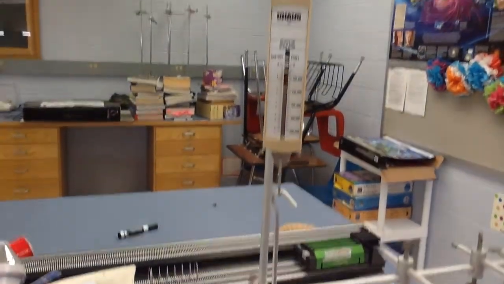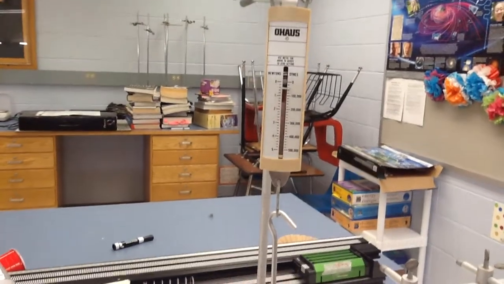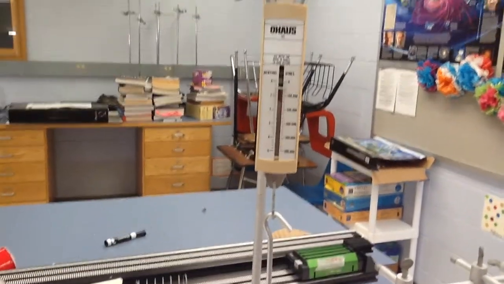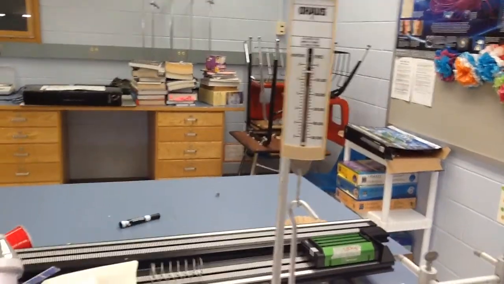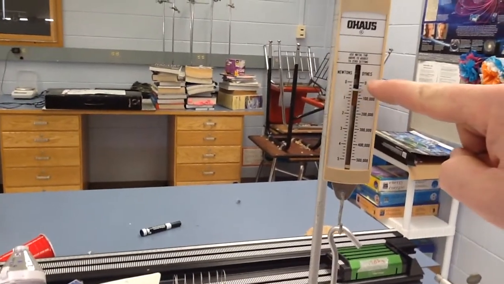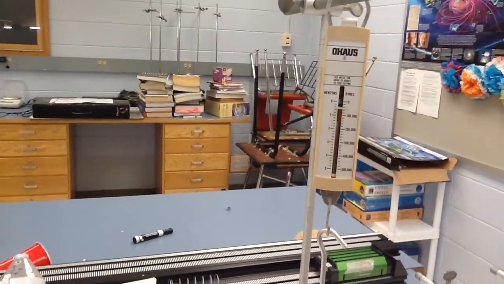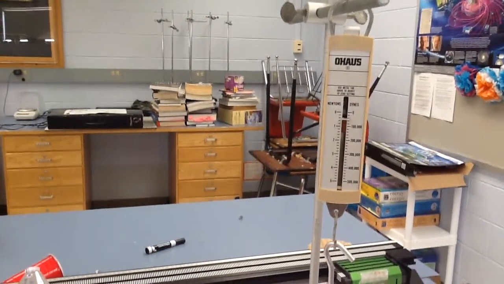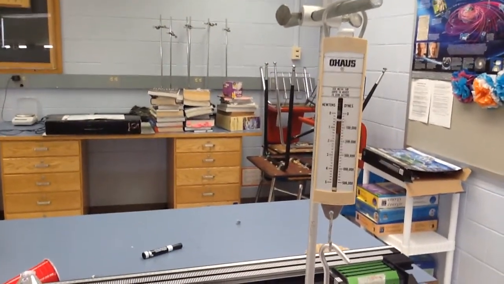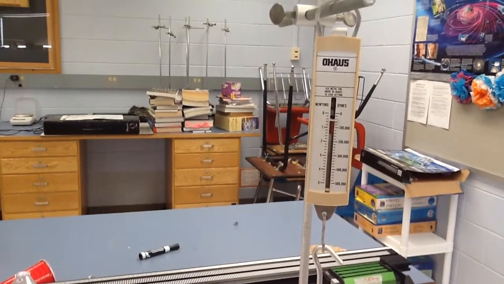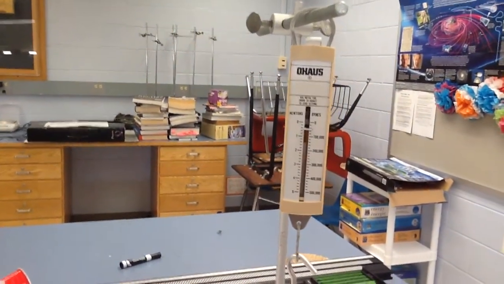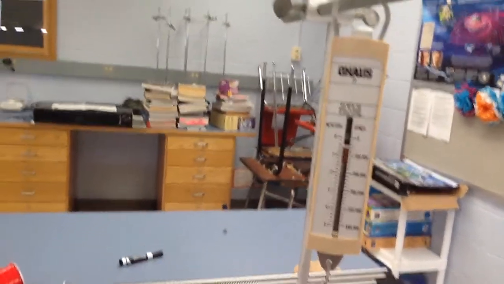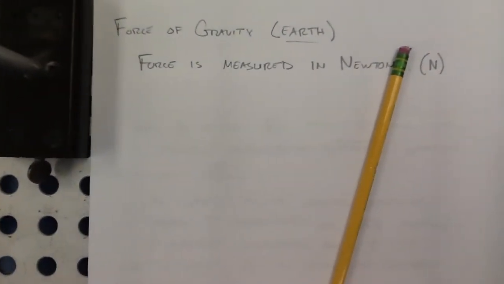What does that mean? It means the forces on it are balanced, which means that however much the spring is pulling up, which is half a newton, the force of gravity must be exactly the same as that, balanced forces in the down direction. So how much gravity we got? We got half a newton here. All right, so I'm just going to write that down real quick.